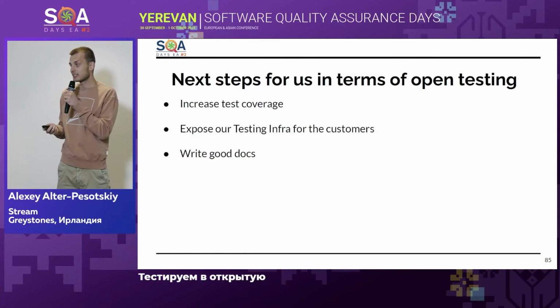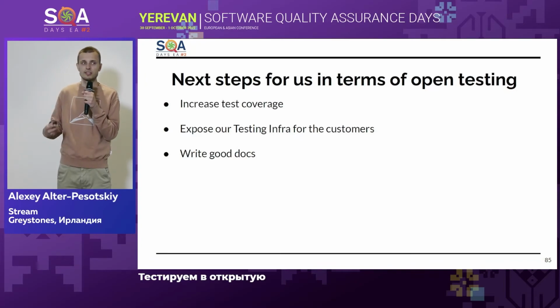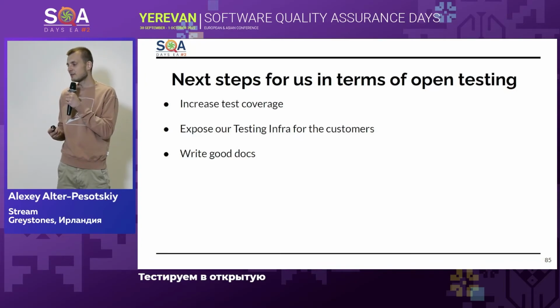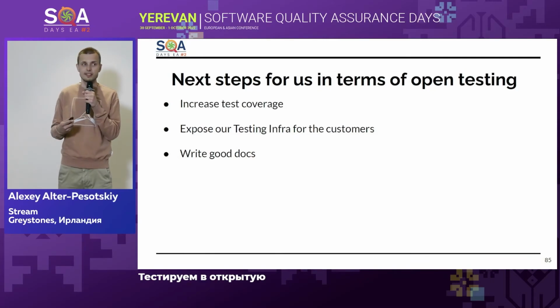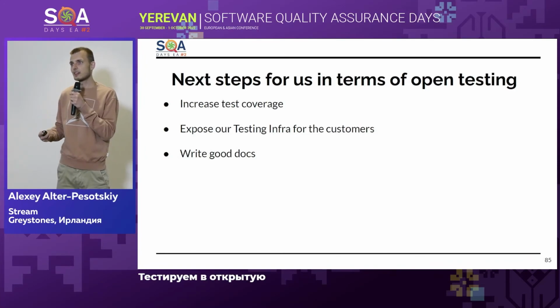Okay, next steps for us in terms of open testing. It is increasing test coverage. It's pretty trivial. Everyone would like to increase their testing. And yeah, the next point is we'd like to expose our testing info for the customers. I already said that all our customers will benefit from it, so they could test their custom things on top of our SDKs.